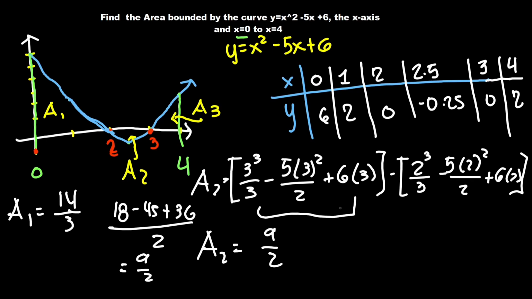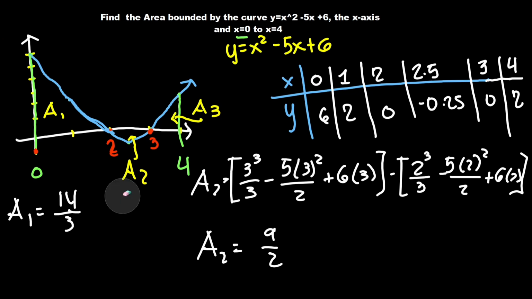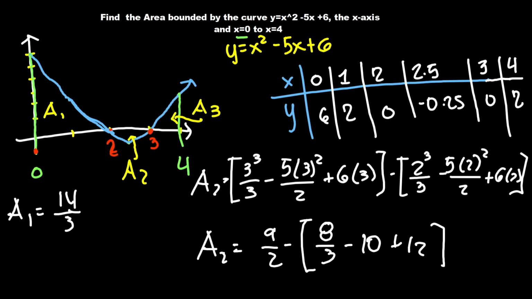So this right here is equal to 9 over 2. Minus 2 cubed is 8 over 3. Minus 2 squared would be 4, multiplied by 5 would be 20, divided by 2 would be 10, plus 12. Which would be equal to 14 over 3.